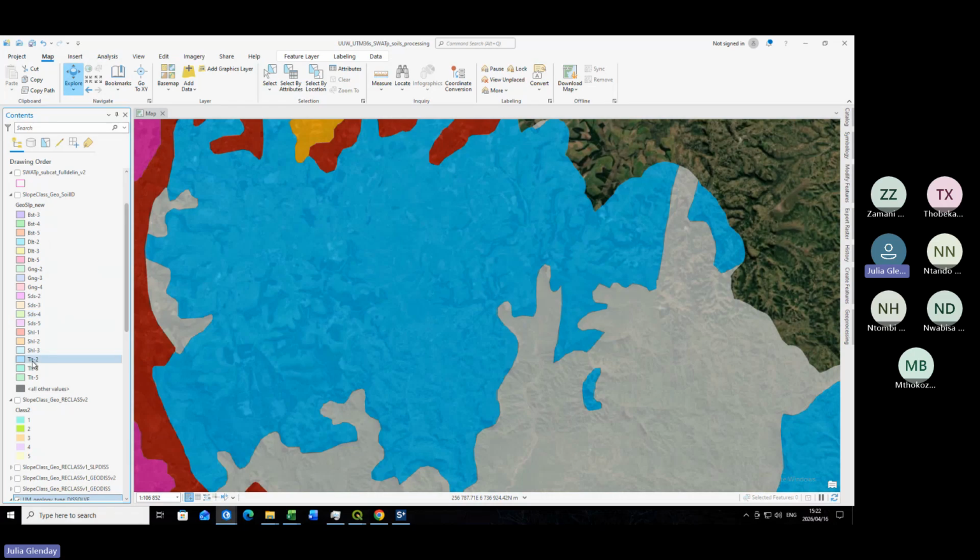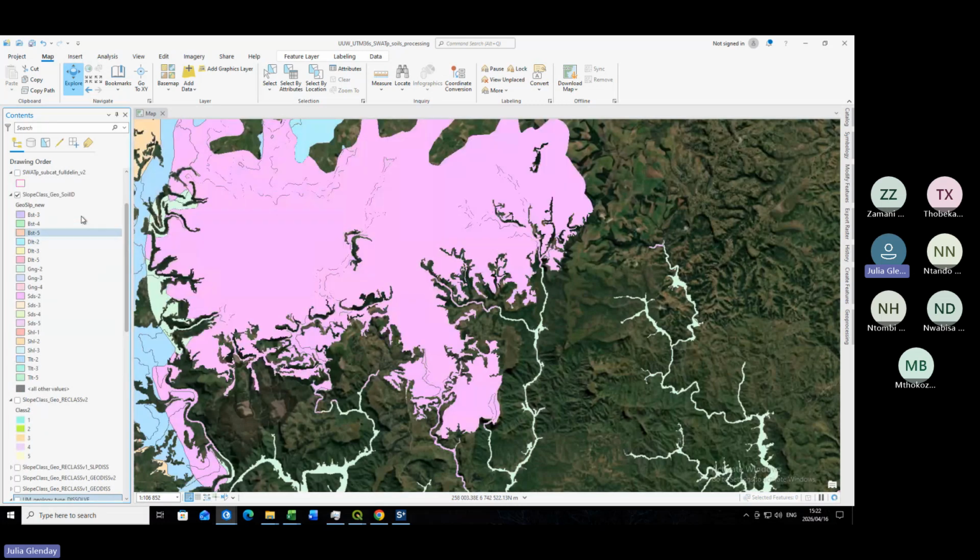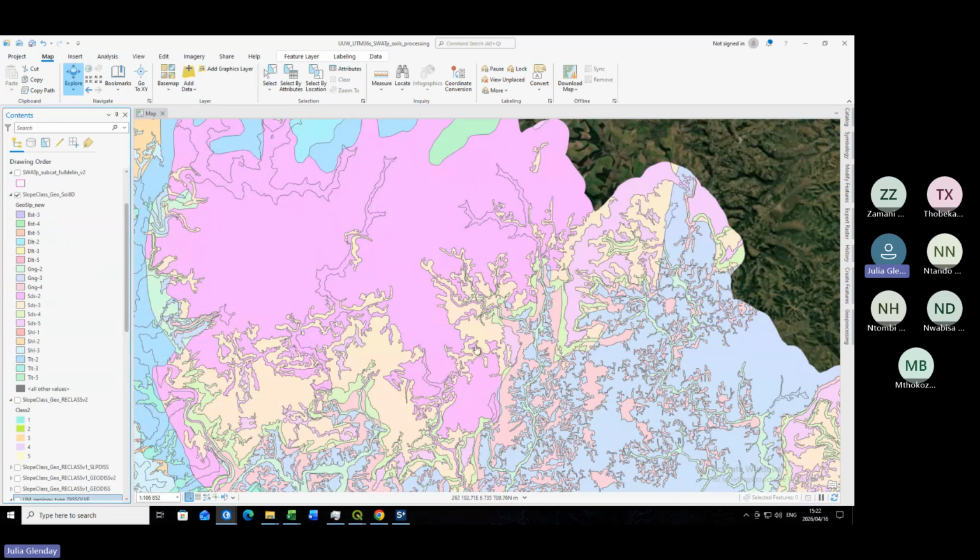So the resulting combined geology and location class soils map that I made is like this. You can see there are some a bit odd boundaries sometimes because the geology mapping doesn't always line up perfectly with the slope mapping.